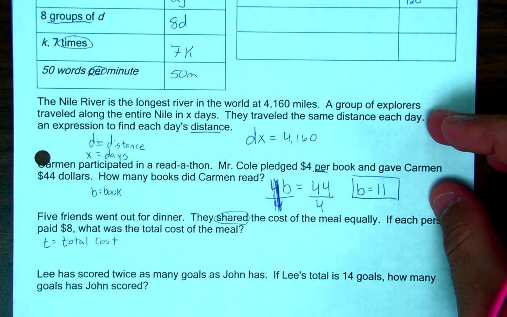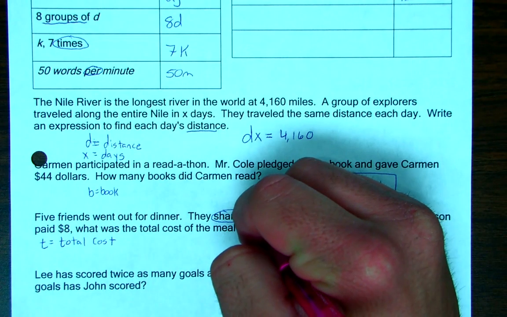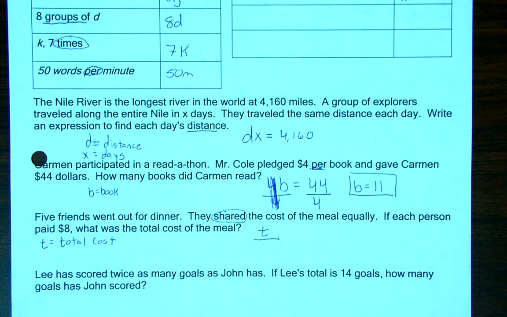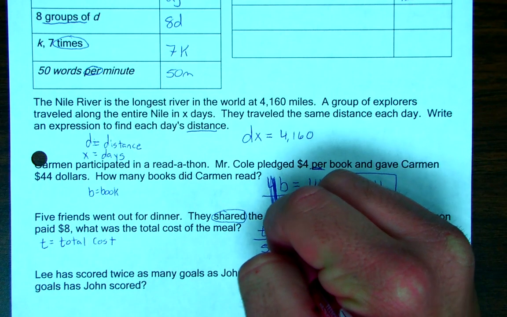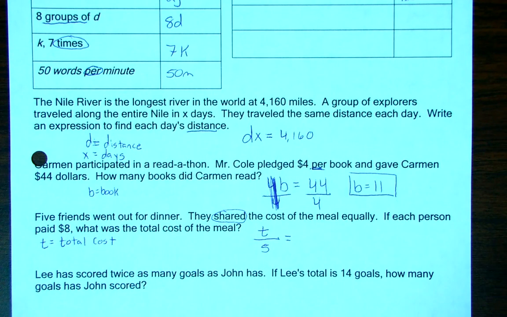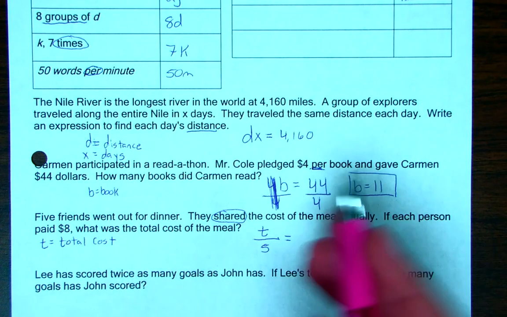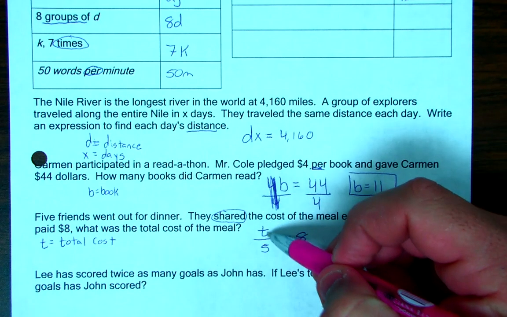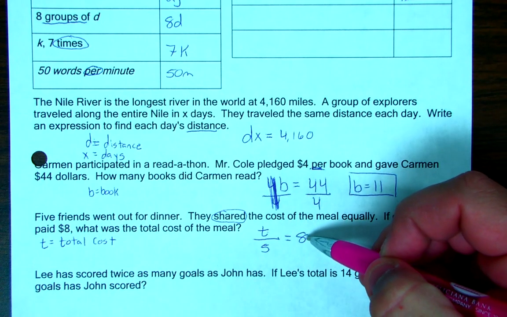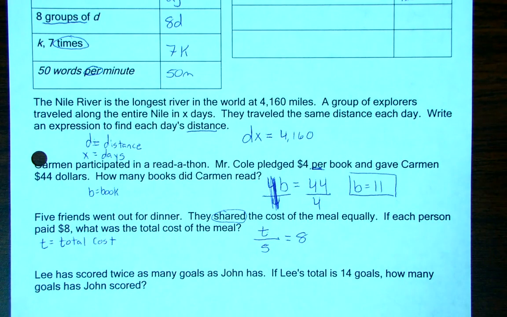So the way you write this is, you take your total cost, T, and you're going to have to split that between how many people? 5. So the total cost divided by 5 people, and it gave you a total of $8. There's your setup.